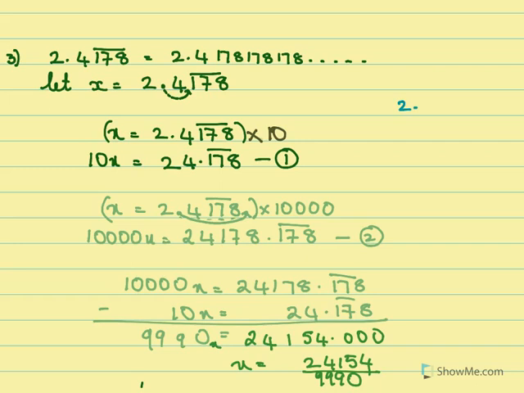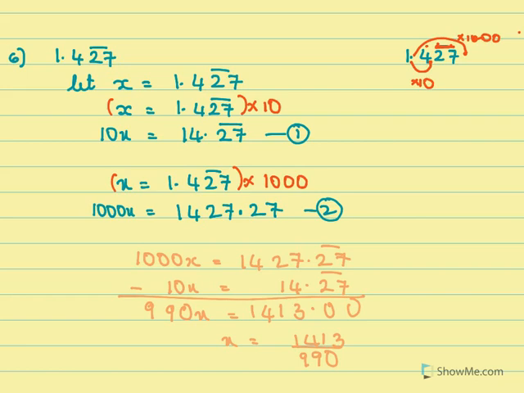In this sum it was 2.4178 bar. So first you have to get your decimal before the recurring, so you multiply by 10, and then get it after the recurring, which is multiplying by 1, 2, 3, 4 zeros. So get before recurring and get after recurring.